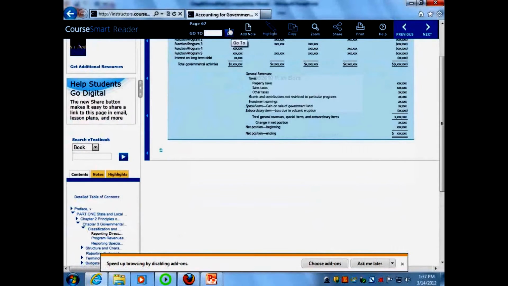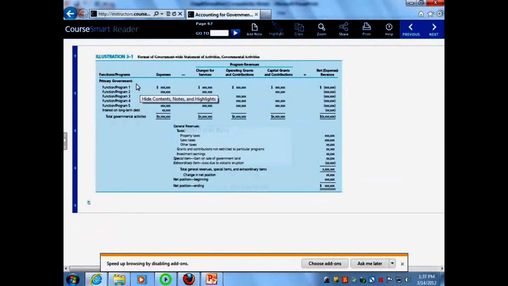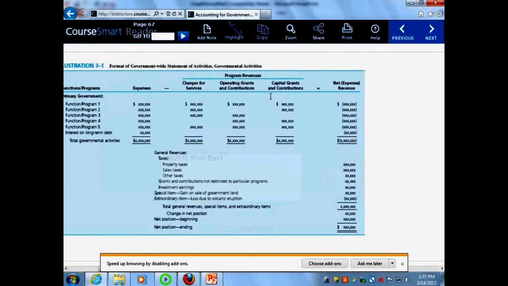Anybody use the electronic book? How do you like it? It's okay? For a hard copy? Okay. You prefer a hard copy. Yeah. Okay. I'm sorry, this took a little while, but this is what we want to do.